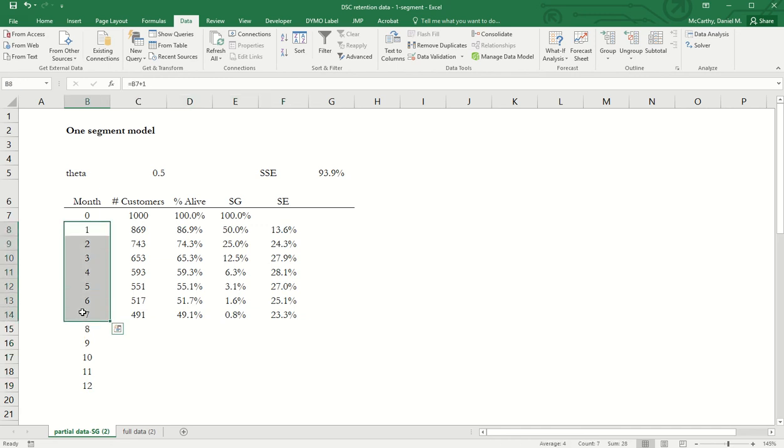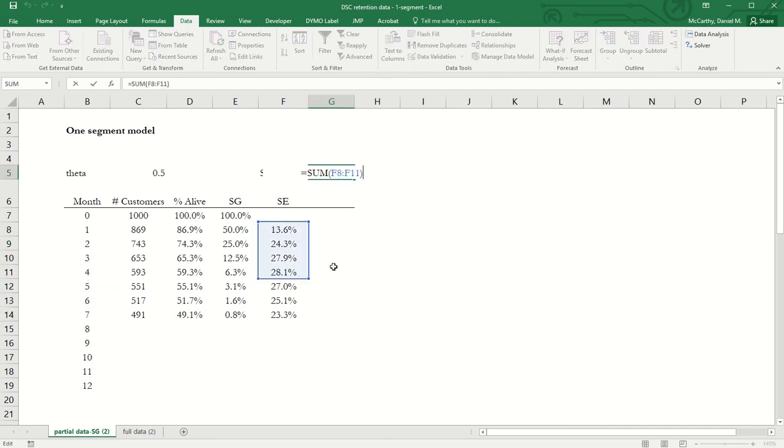I'm going to assume that we only see the data in months 1 through 7. So I'm just going to remove all that data. I'm going to define the sum of the squared error to be my error, the difference between expected and actual, squared and summed over the first 7 months of the data. And that's what this represents.